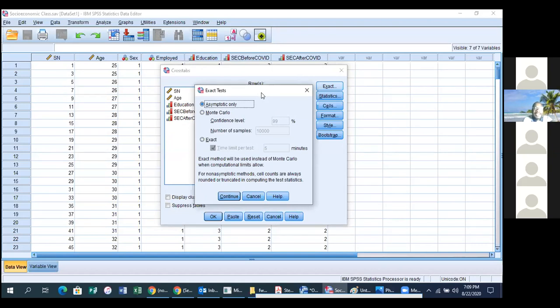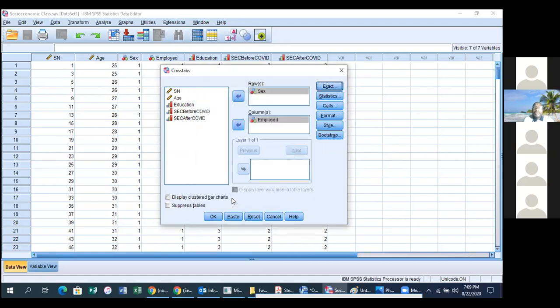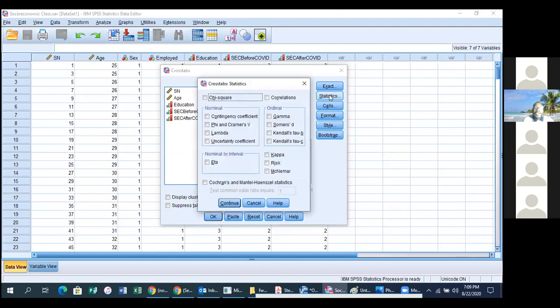Click on it instead of asymptotic. Click continue. Now click on statistics. Click on chi-square. Continue.